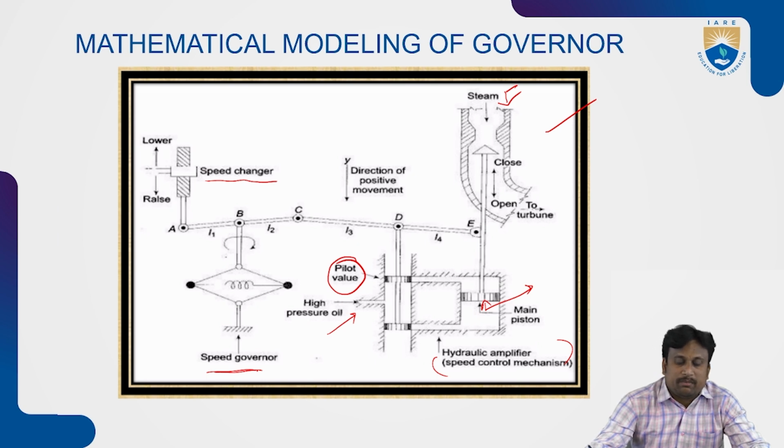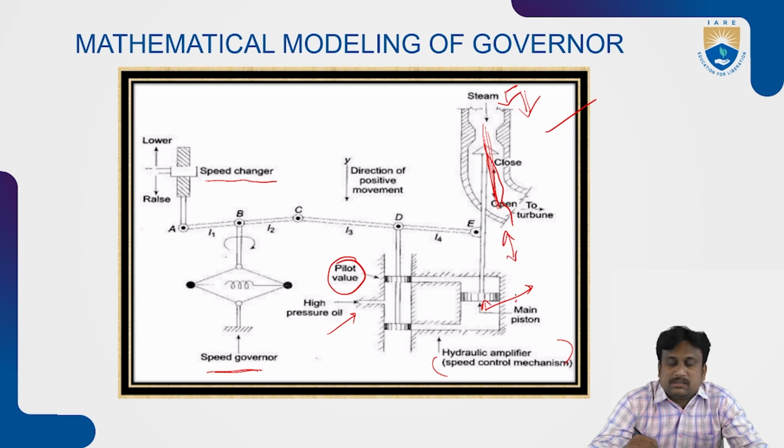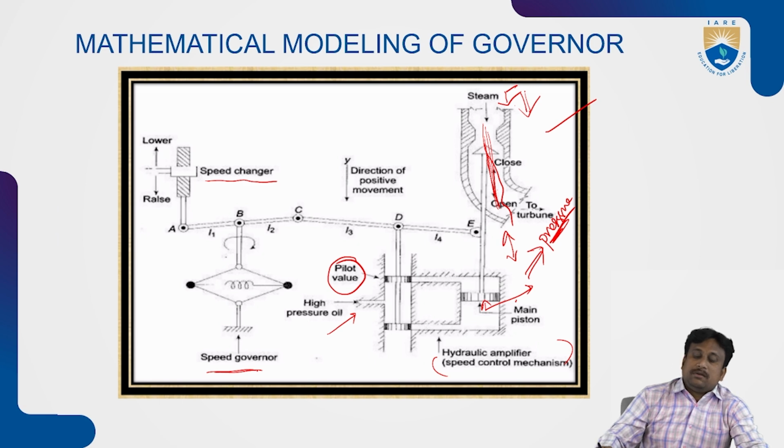In this system, initially the steam flow is introduced into the chamber. This will fluctuate in the chamber, and according to that, the piston movement will take place up and down. With this, we can generate or release more pressure into the system. So the speed governing mechanism can develop more force according to the piston movement.